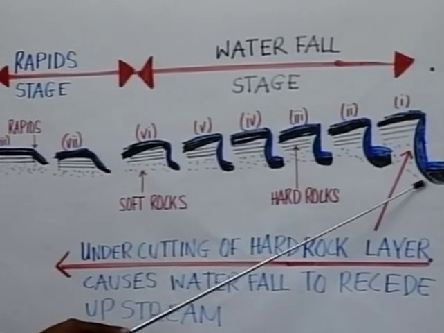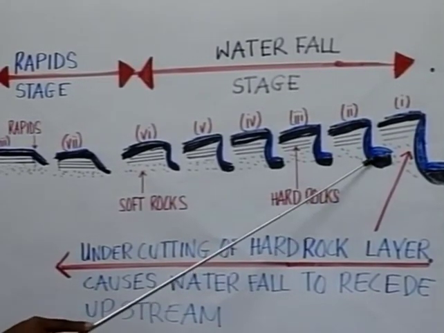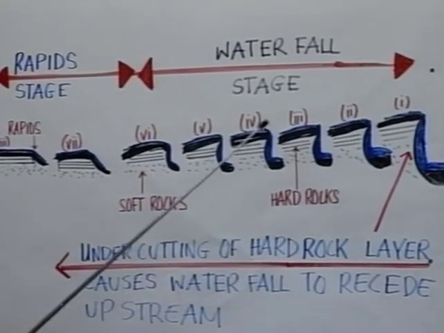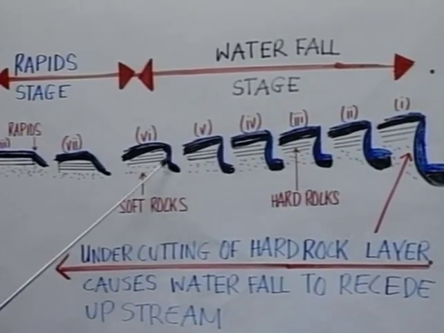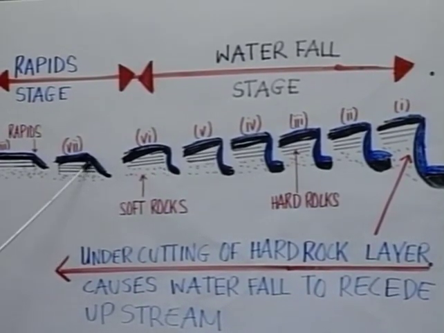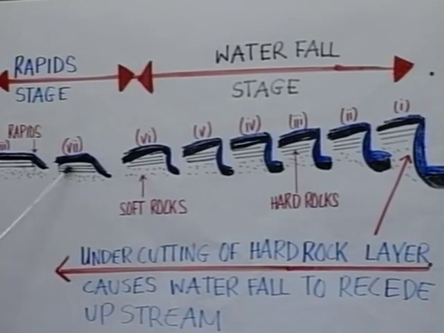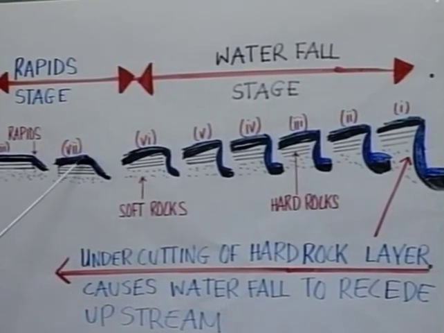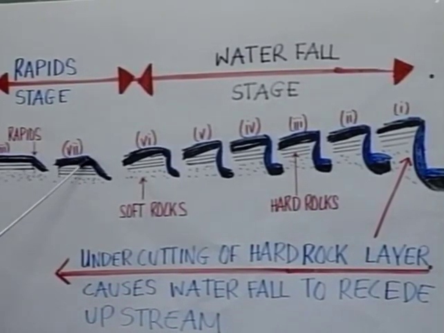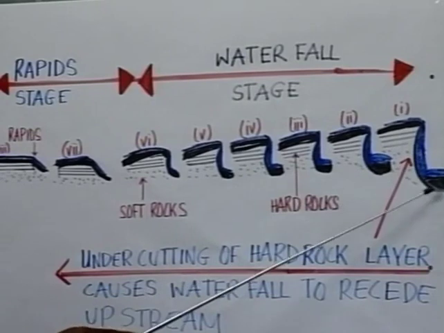You will see the distance is getting shorter. We come to the next stage. The distance from this point to that point should be shorter than that, and so on. Until finally we come to these two diagrams here, 5, 6, 7, and 8. And for 7 and 8, can you see that the distance in which the water falls is actually very short in comparison to at this point?